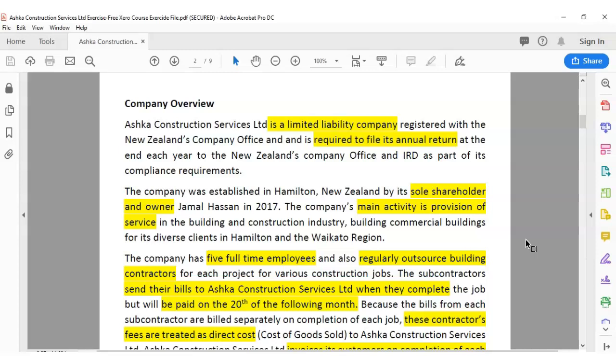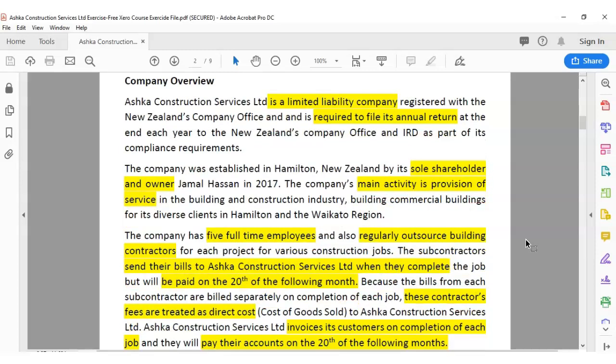So let's have a look. I'm going to read this, and as you can see, I highlighted the most important parts of the information that you will be extracting from this file and putting into the back end of your Xero software when we're going through the setup processes. So, company overview.